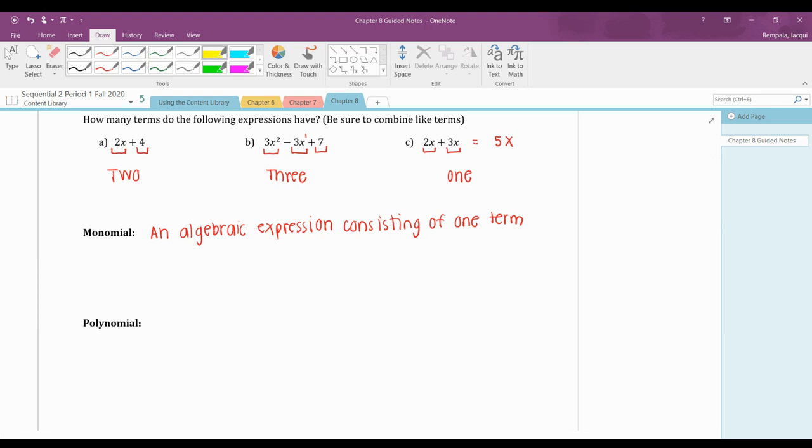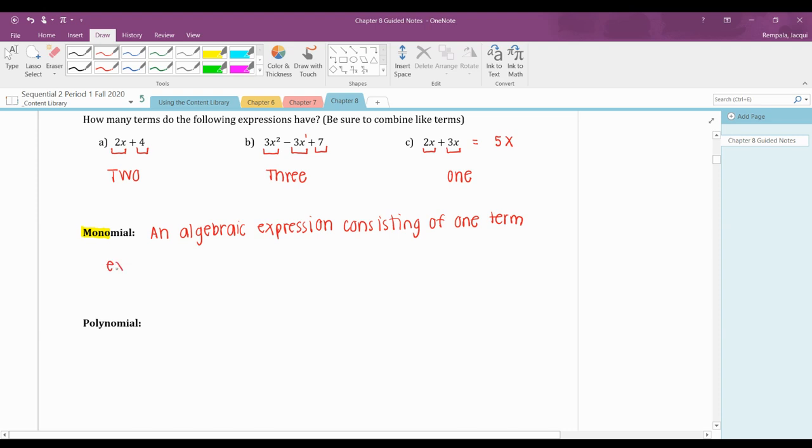Okay, so an algebraic expression consisting of 1 term. So the reason why I know it's going to be dealing with 1 is because mono means 1. So if you look at the three examples that we have above, it looks like even though it started off as two terms with the 2x plus 3x, we combined it into 5x, that's one term, that's a monomial.